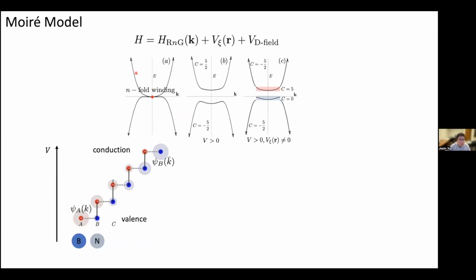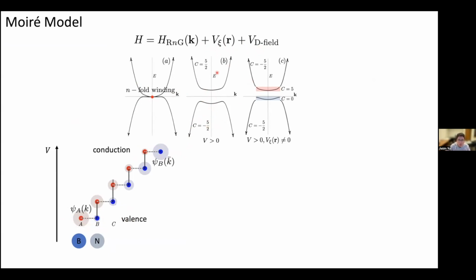This would be the pristine multilayer graphene band structure, which has an n-fold winding. If we further add an electric field perpendicular to the sample, it makes the valence band more localized on the bottom layer and the conduction band more localized on the top layer, and opens a gap. This gap opening results in Chern numbers with half values in each valley.